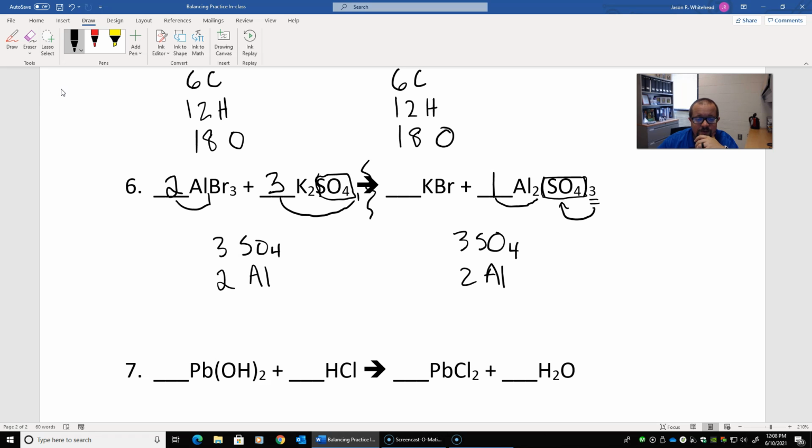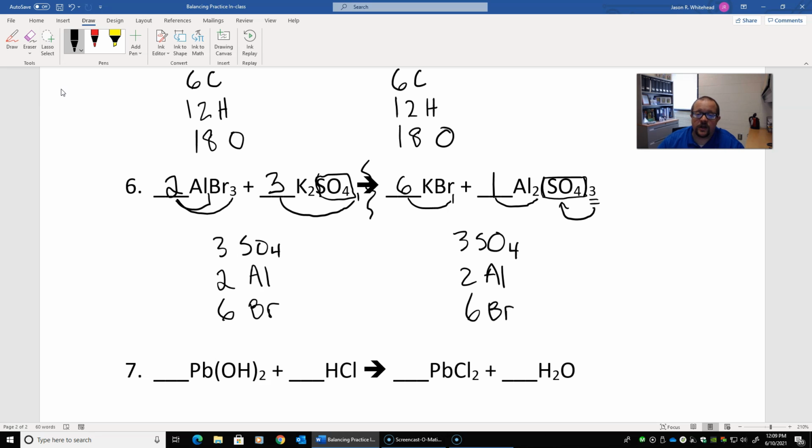So now sulfates are balanced, aluminums are balanced on each side. Let's do Br's next. So for my Br's, I've got 2 times 3. I've got 6 bromines. So over on the other side, to get 6 bromines, I would take 6. And 6 times 1 gives me my 6 Br's.